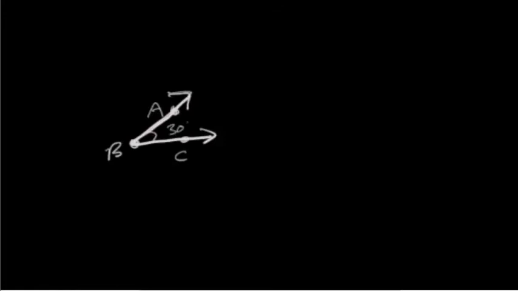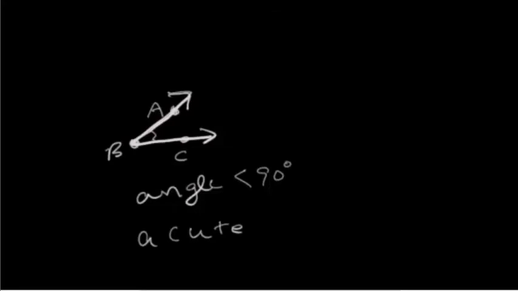So it could be 30 degrees, it could be 89 degrees, it could be 20 degrees. As long as our angle measure is less than 90 degrees, then we can say that we have an acute angle.